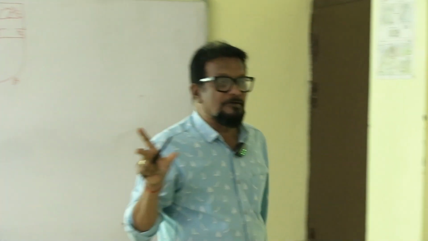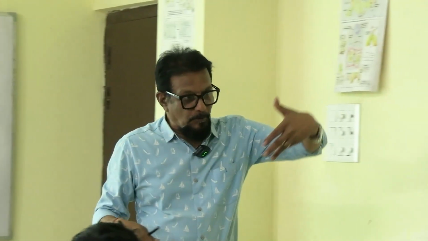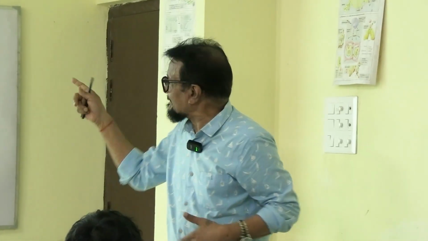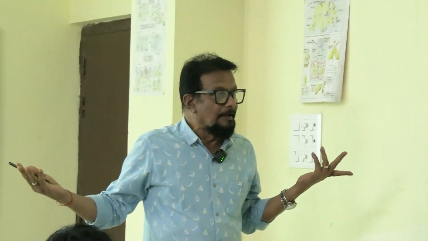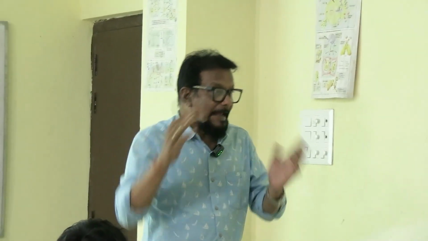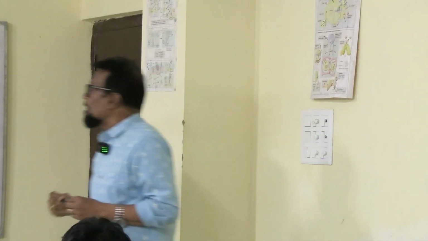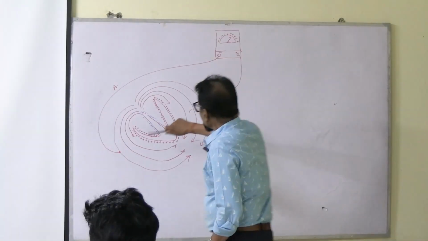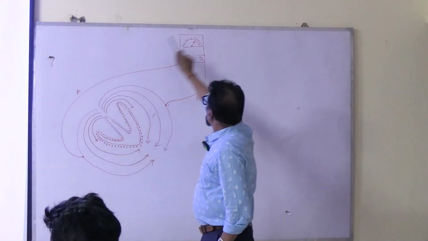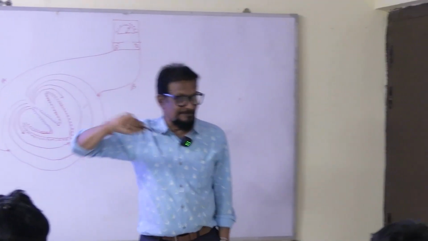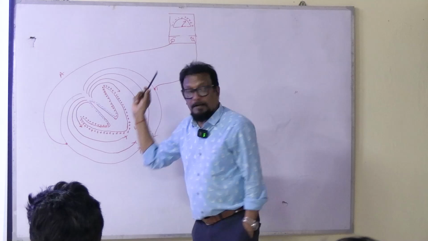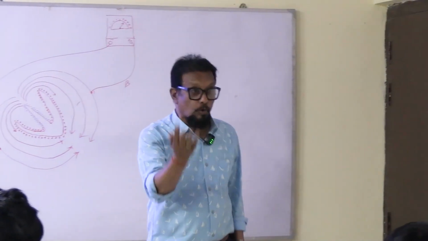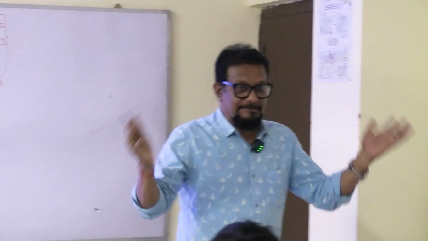Okay, not that it always remains like that, because depolarization will be passing through this. When this repolarization comes to the ventricle, that part will become positive. Every time, if you connect this with a galvanometer, it is acting as a dipole.